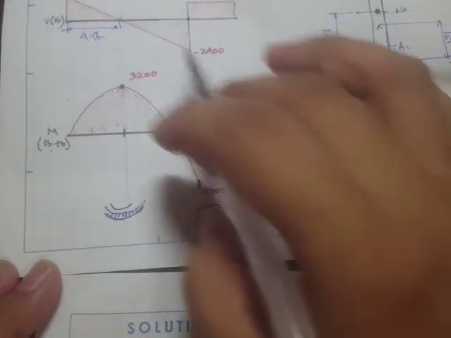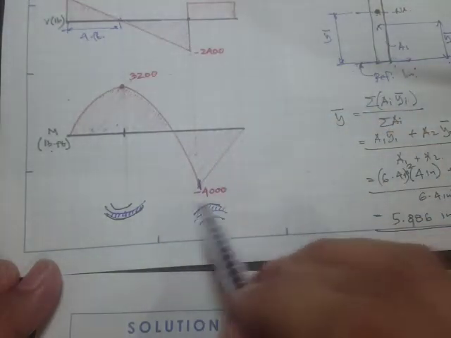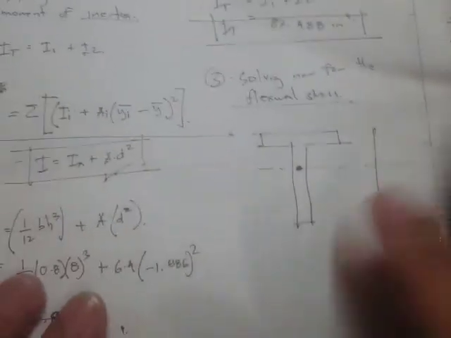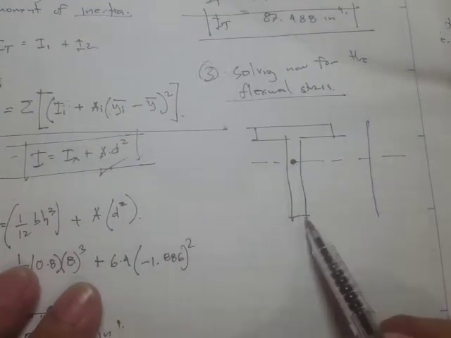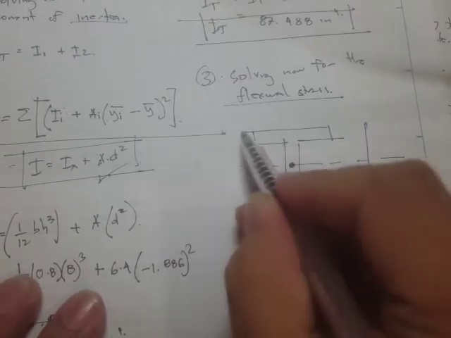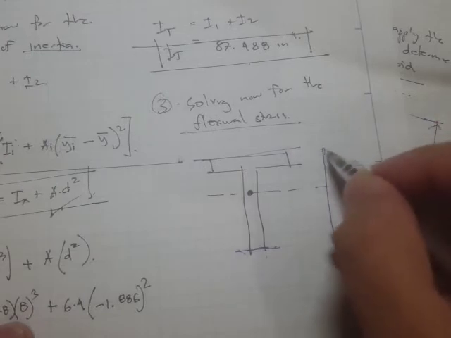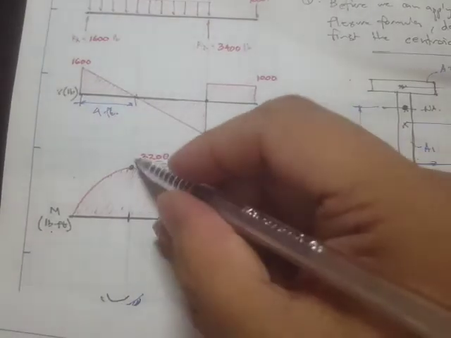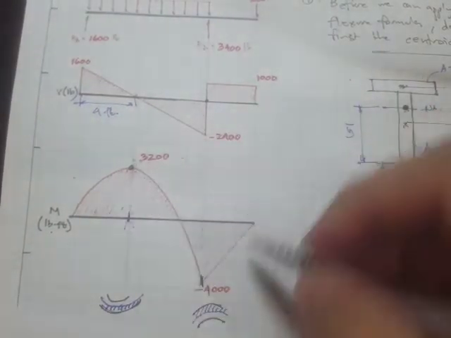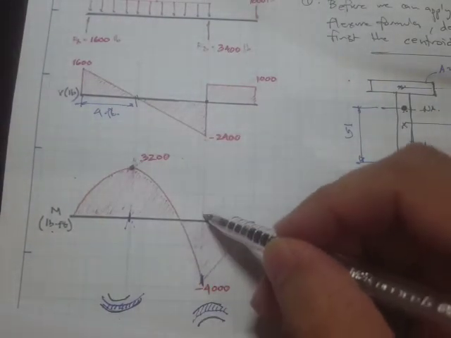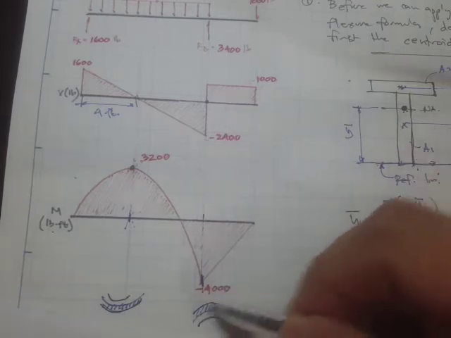But we are going to evaluate. We can just select the 4,000, simply because there's a difference in the distance, right? The distance from the centroid to the bottommost surface or to the topmost surface. So at this point, we have compression on top and tension at the bottom, but using this value, we have tension on top and compression at the bottom.